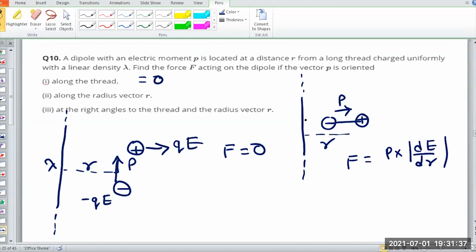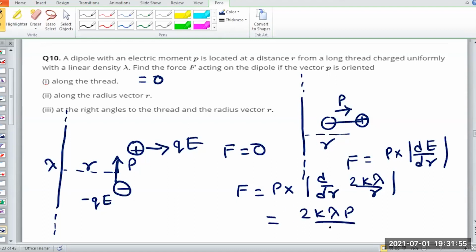The electric field due to a line thread, we have already discussed in the previous DPP and we have already explained in the visual physics application, so you can refer to that. d by dr of 2k lambda by r. On solving, you will get 2k lambda P by r square, but the direction is towards the wire.